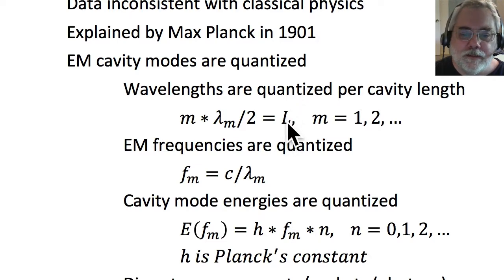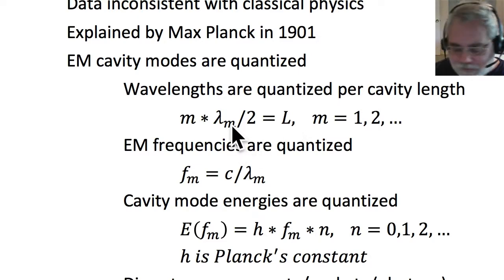So the cavity length is L. For some particular wavelength of light, we have a wavelength lambda sub m. Divide it by 2 and we get a half wavelength. We can have integer numbers of half wavelengths in the cavity length, and those are the only wavelengths we can have.